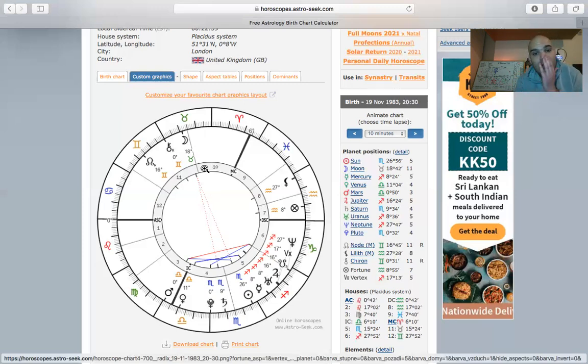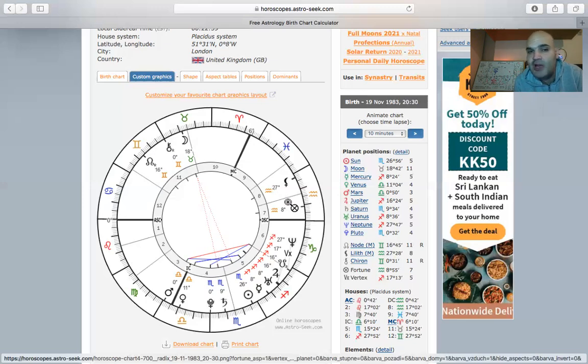And also, another simple way you could guess what a person is like without even knowing the specifics of the chart is just by looking at the chart as a whole, because the top half of the chart is the daytime and the bottom half of the chart is the evening and nighttime.